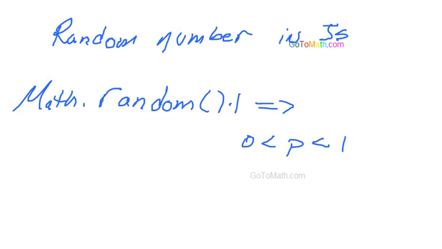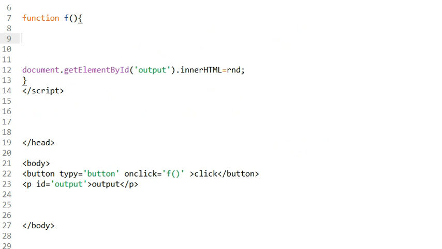Now let's actually go over to here and do that. So RND, declare this as a variable, is equal to Math.random. Okay, and let's check out and see what happens here. Let's save this.